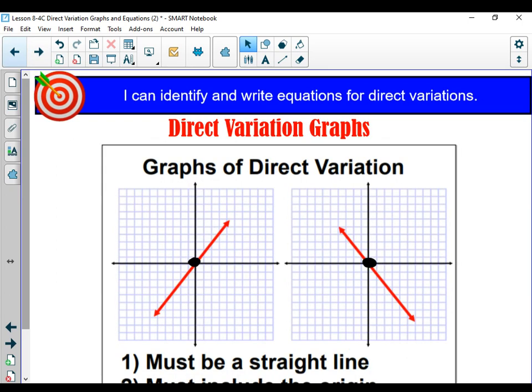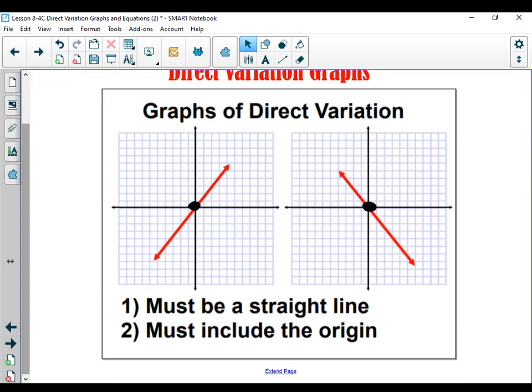See this one right here that says graphs? Graphs of direct variation, I would fill up your box with these things. They all go through 0, 0. Just sketch it. Doesn't have to be perfect. I'm in this box right here that says graphs. Are you in this box?